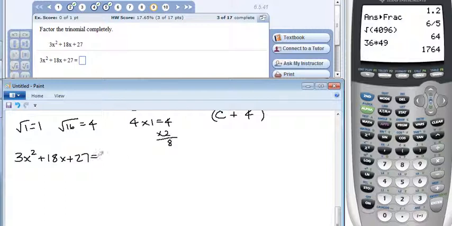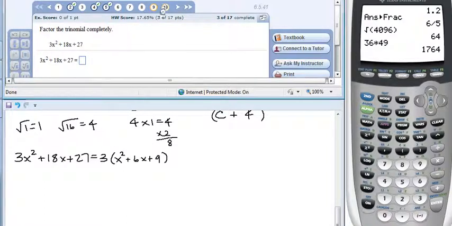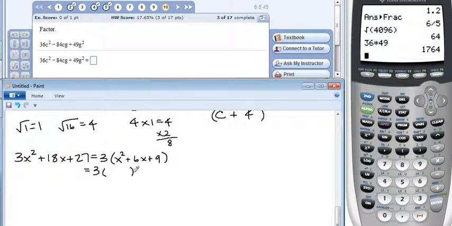We would take out the 3 and then we would have the easy trinomial left over. This is easy to factor. So we've got x plus 3, x plus 3. So we have 3 times x plus 3 squared.